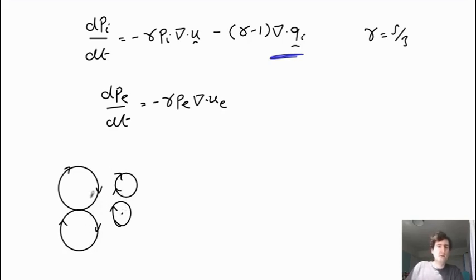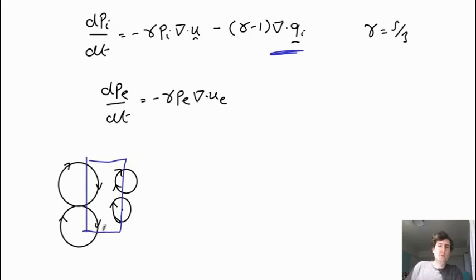So if you have ions in an orbit like this, and then we take a volume of fluid, it will appear in this region that there's a net motion downwards. It's like a fluid flow downwards because the ions here are moving faster than they are here. So the fluid velocity is down, but actually there's no advection. There's nothing moving anywhere because ions are just going around in orbits.